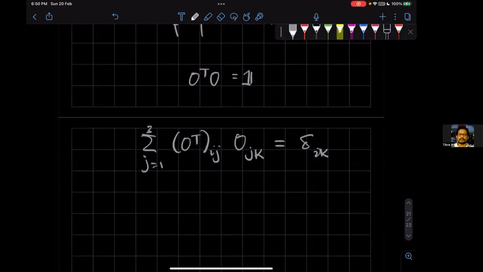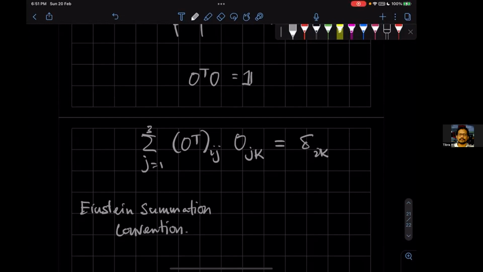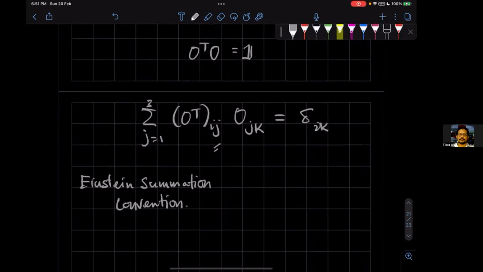Now, in general, we will use the Einstein summation convention: if an index is repeated, then the sum over the range of that index is implied, unless explicitly stated otherwise.